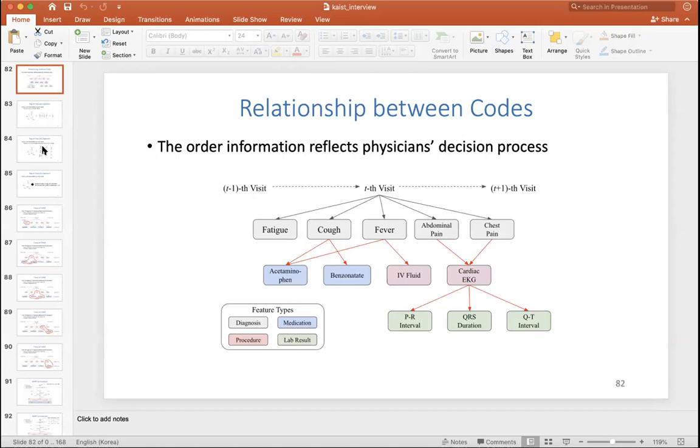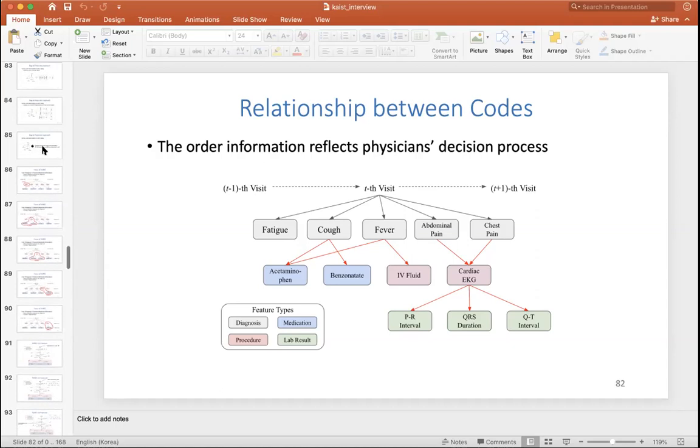But if you explicitly give this information to the model, then the model doesn't need to figure out or imagine what kind of relationship the codes have with each other. By regularizing the model, or narrowing down its hypothesis space, we're actually making the model's life easier.